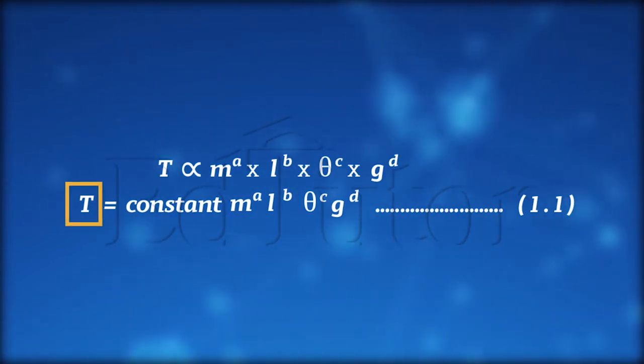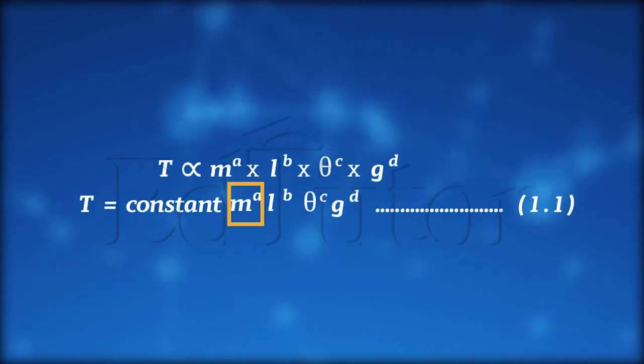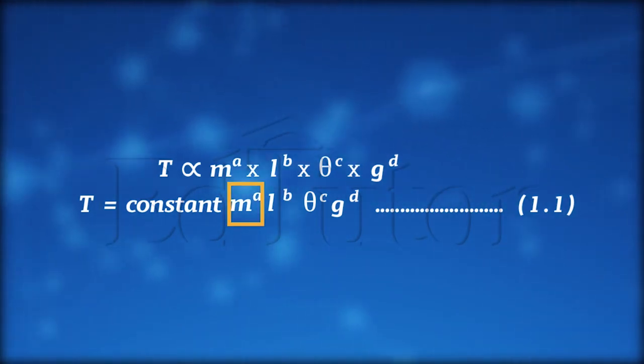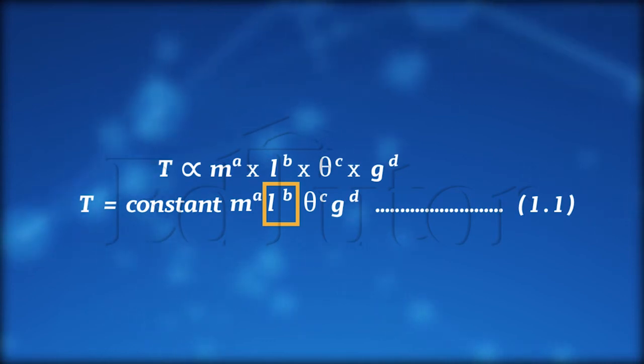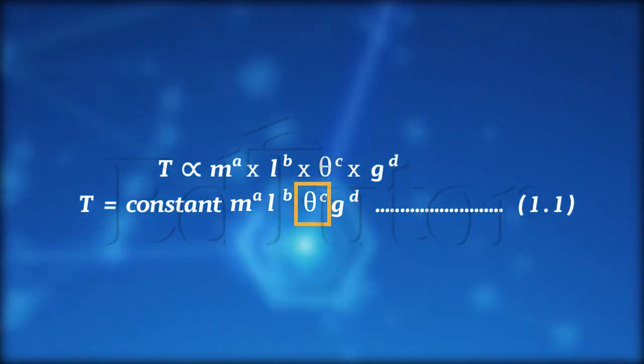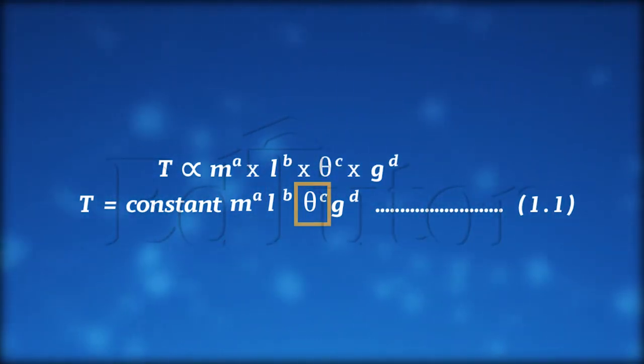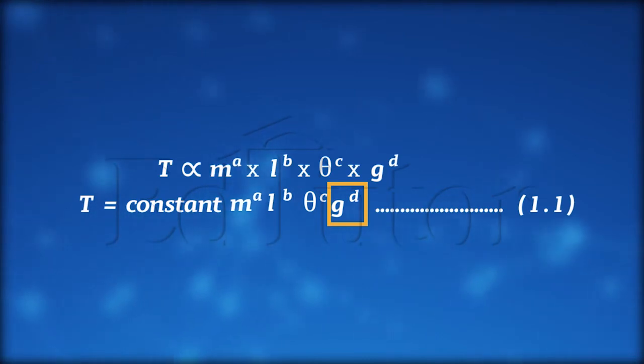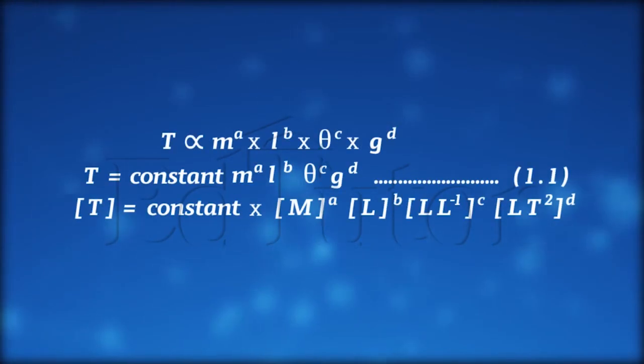So, T is equal to constant times m^a times L^b times theta^c times g^d. We have to find the values of a, b, c and d to derive the correct equation of the time period.